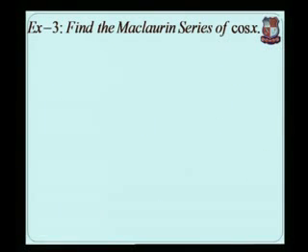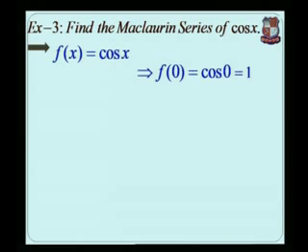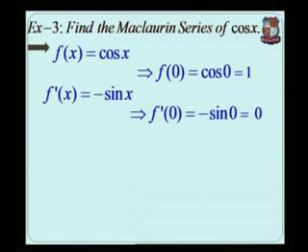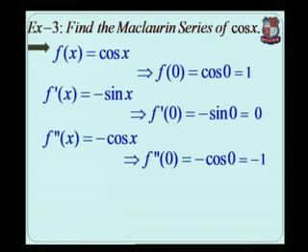Our third example: find the Maclaurin series of cos x. So the function is cos x, and its value at the point 0, cos 0, is 1. f dash x is equal to minus sin x, so f dash 0 is equal to minus sin 0, that is 0. f double dash x is equal to minus cos x, the derivative of minus sin x. f double dash 0 is minus cos 0, but the value of cos 0 is 1, so now it is minus 1.